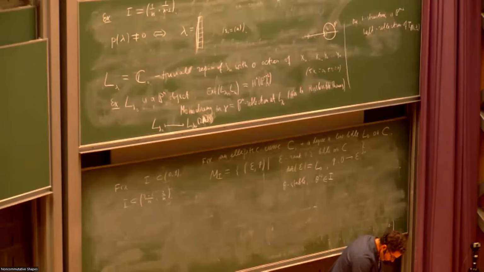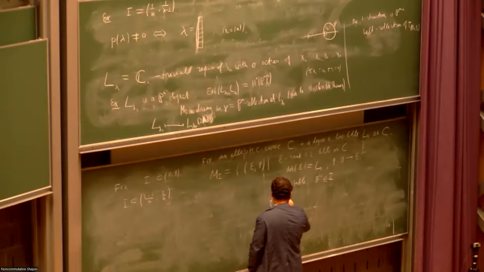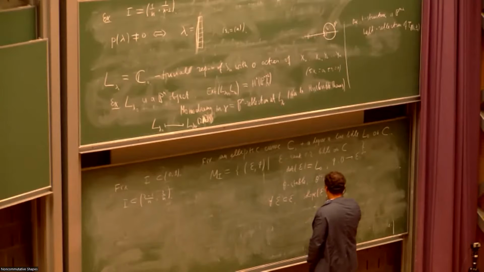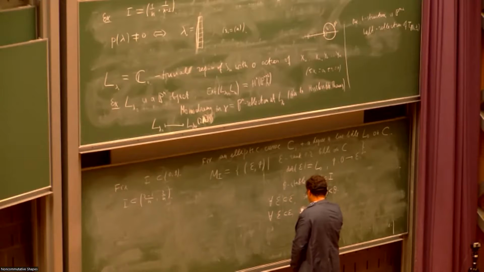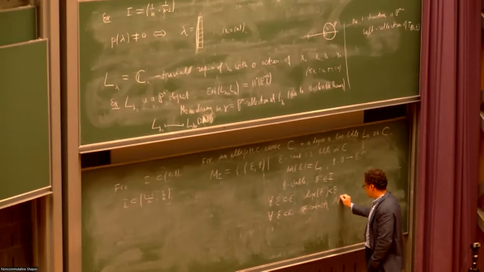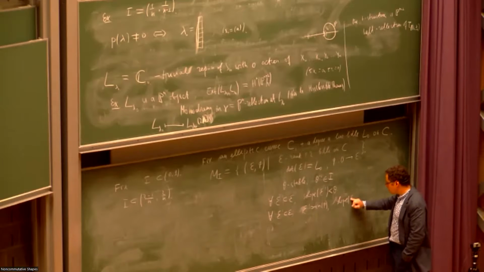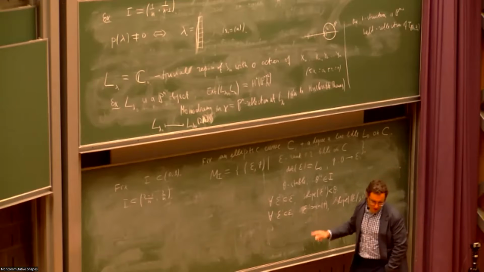It's theta-stable if for any E' in E, the slope of E' is less than theta, and for any E' in E such that E' contains the image of phi, the slope of E/E' is more than theta. So this is what the stability means.